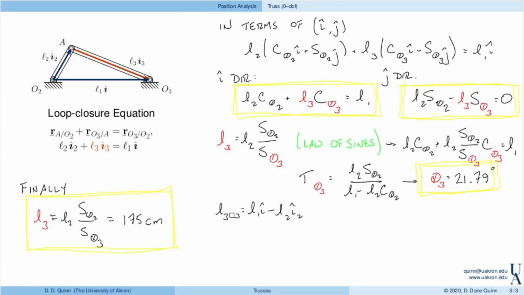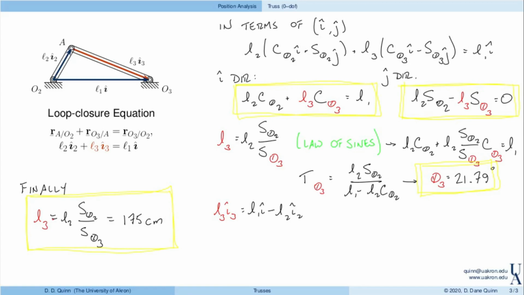Let me go back and make these red again because they're unknown. Everything on the left side is unknown. Everything on the right side, though, is known. I know L1, I know L2, I know I2.